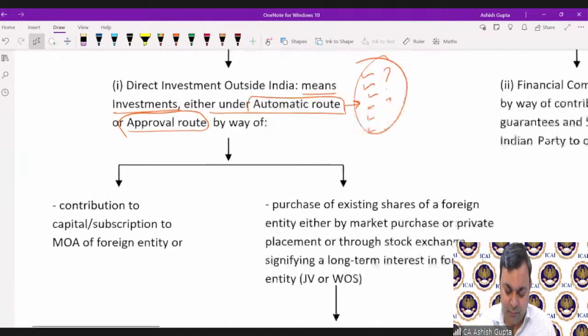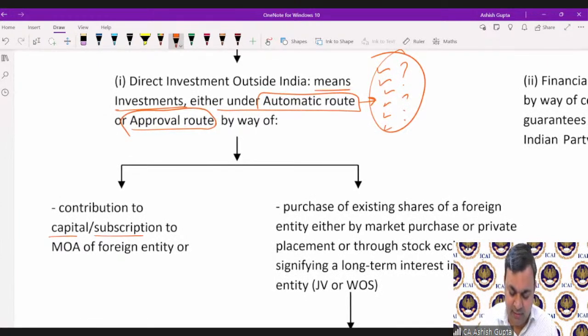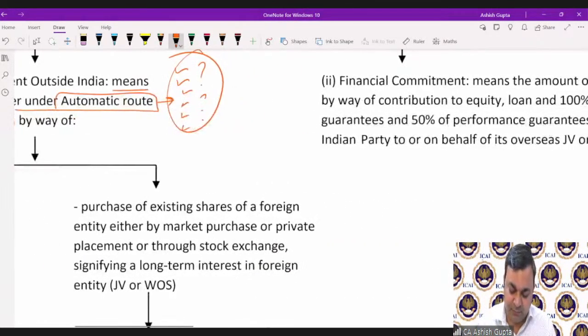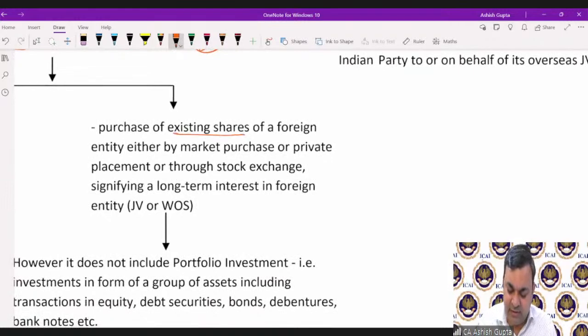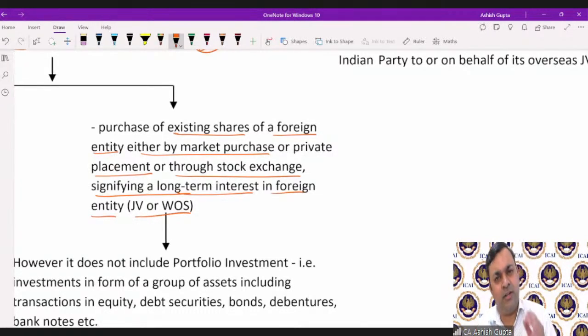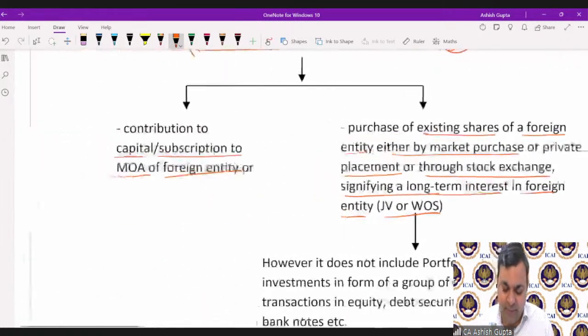Automatic route, approval route, by way of contribution to capital, subscription to the MOA of a foreign entity. You can directly subscribe to the memorandum, you can directly subscribe to the capital of the company. You can directly make an investment. Or purchase of existing shares of a foreign entity, either by market purchase, or private placement, or through a stock exchange, signifying a long-term interest in the foreign entity, either as a joint venture or a wholly owned subsidiary.